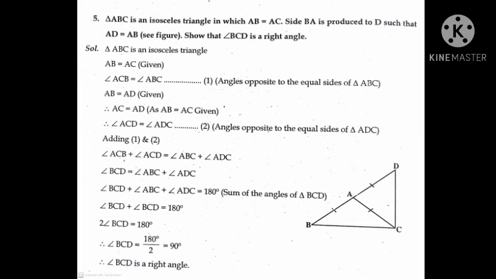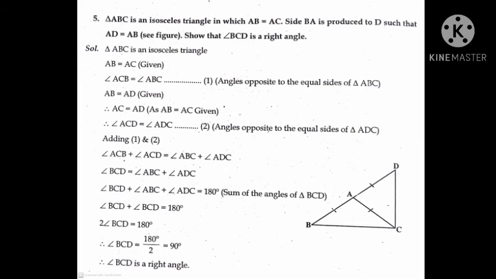AB equal to AD, it is given in the problem. Therefore, AC equal to AD since AB equal to AC. That implies angle ACD is equal to angle ADC, since angles opposite to the equal sides of triangle ADC are equal. It is equation 2.